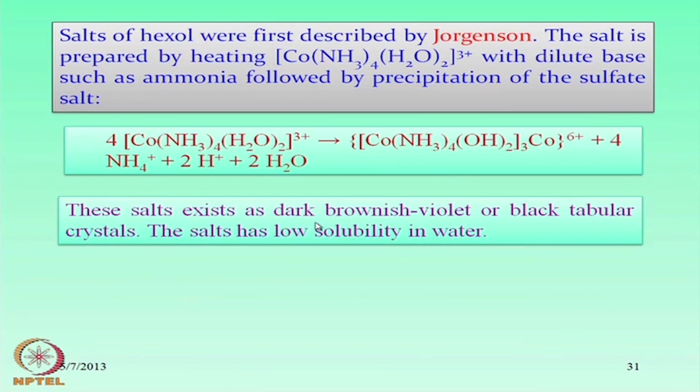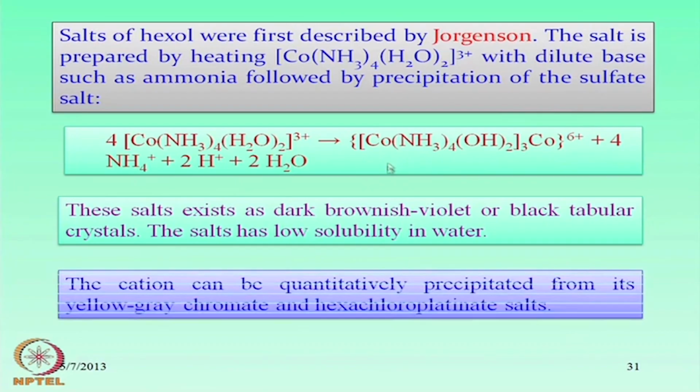These salts exist as dark brownish-violet or black tabular crystals, and the salt has low solubility in water. So how are these forming? The tetranucleation is due to the corresponding condensation reaction, and it can be isolated as yellow-grey chromate or hexachloroplatinate salts.